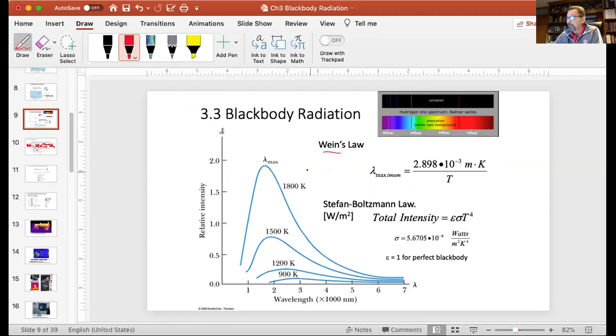He asked, is there an empirical relationship between the wavelength at the peak of each curve and the temperature? And sure enough, he finds there is. If you take the temperature and multiply by that peak wavelength, you get a constant. Again, who knew? And so there's the Wien's displacement law constant.